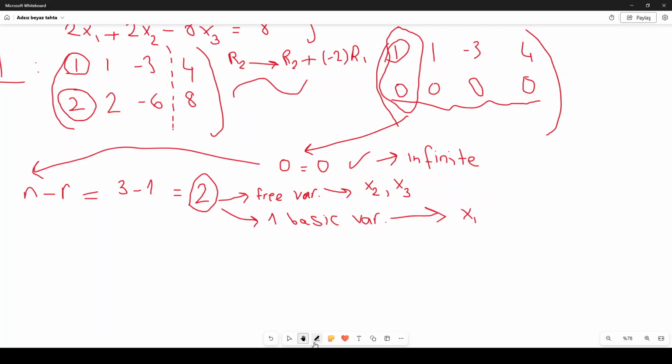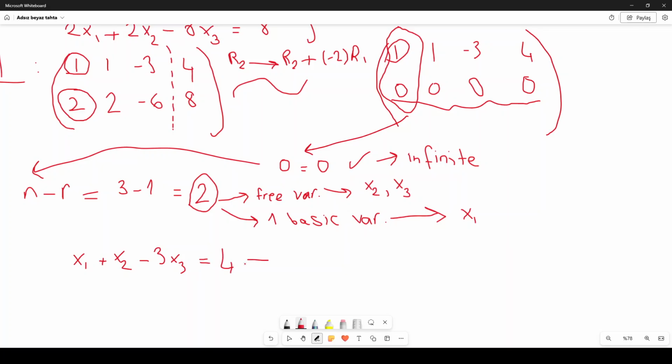So let's write it. Okay, so in the first row, I have x1 plus x2 minus 3x3 is equal to 4, right?